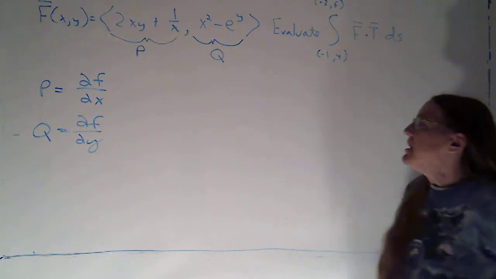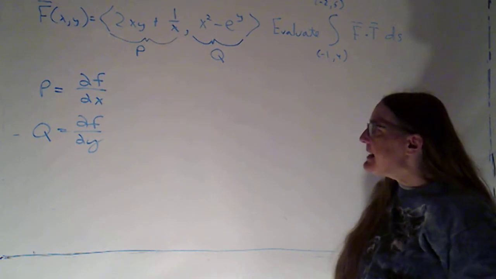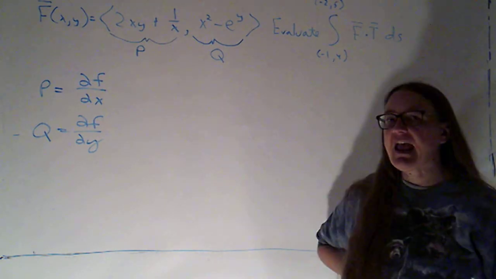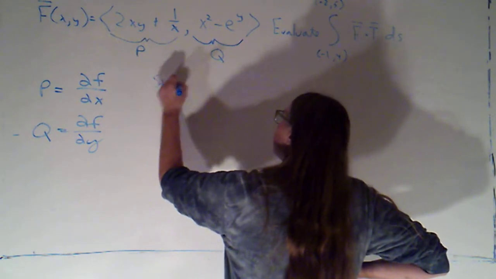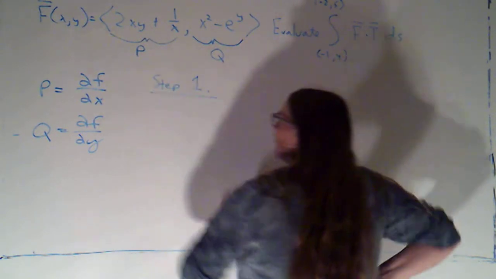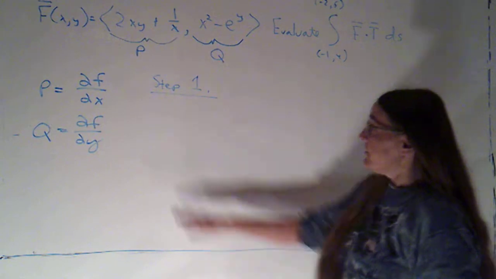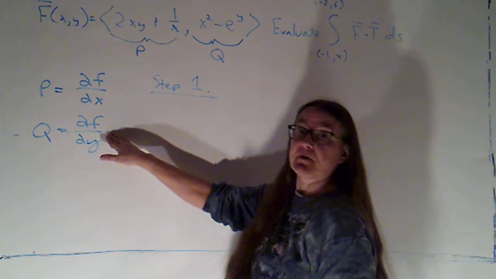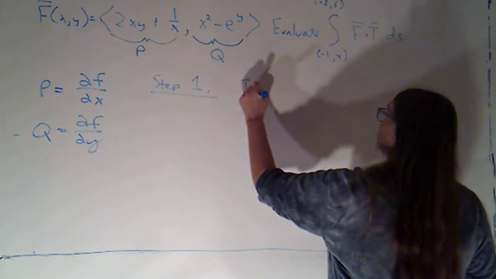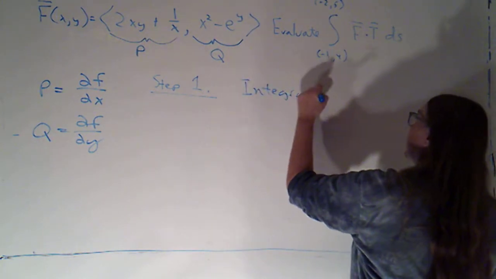Okay. So if I want to find my potential function f, I'm going to do this as step 1. I'm going to integrate either this function with respect to x or this function with respect to y. So step 1, integrate.